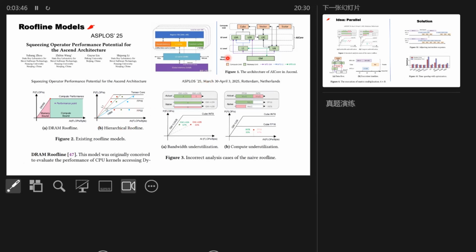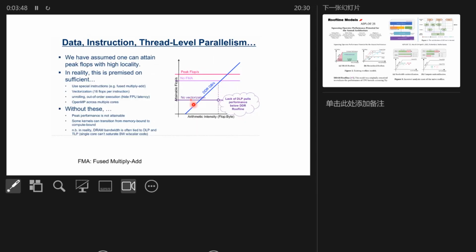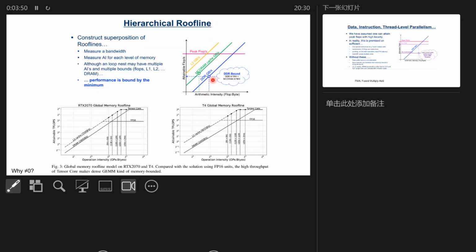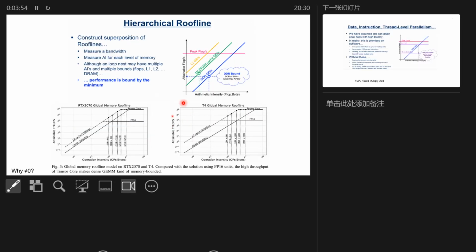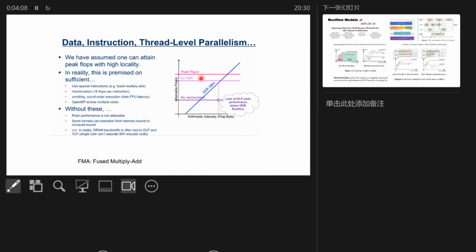But they find that before that, all of our computation was like loading from memory, then compute, or like loading from DDR, then loading to the L2 cache, and then compute. So the compute may be limited by the minimal bandwidth between DDR and L2.